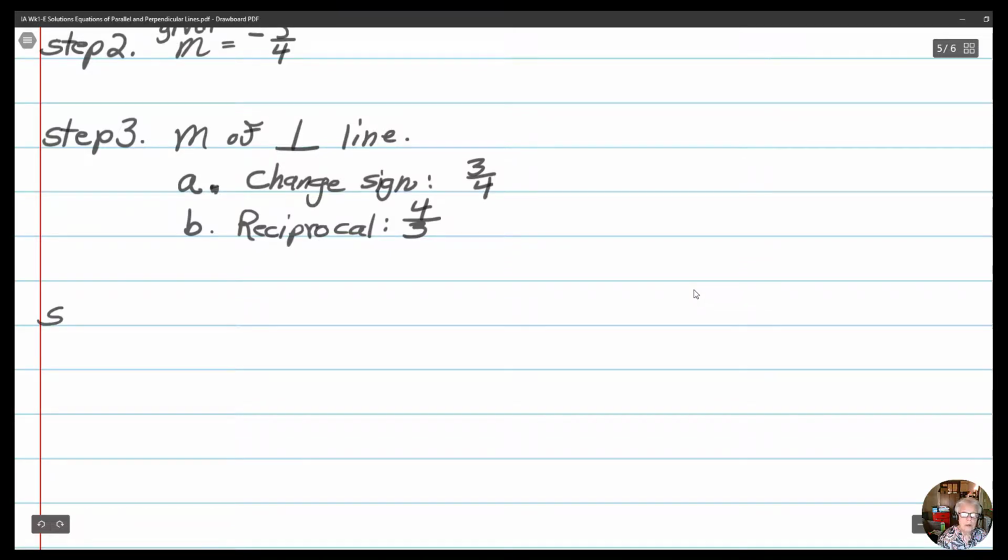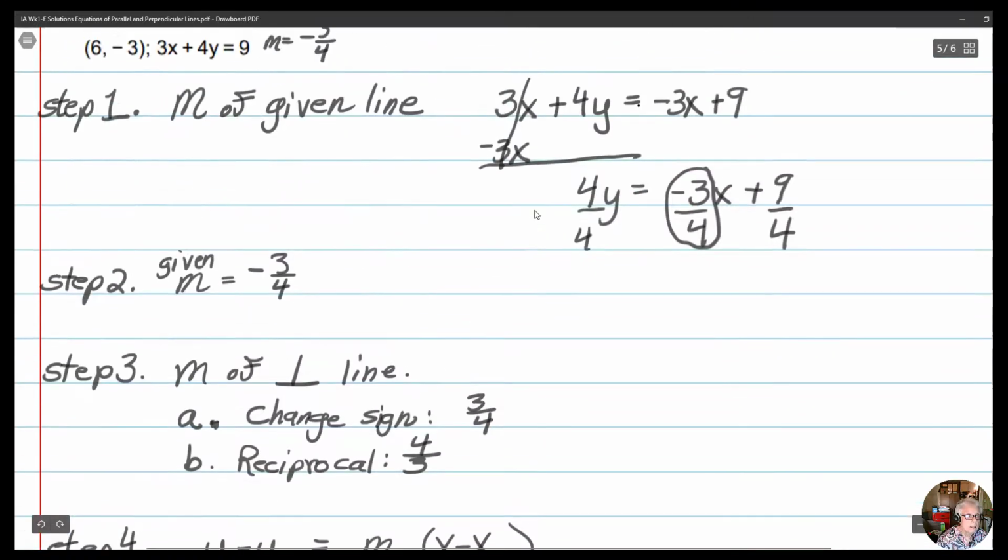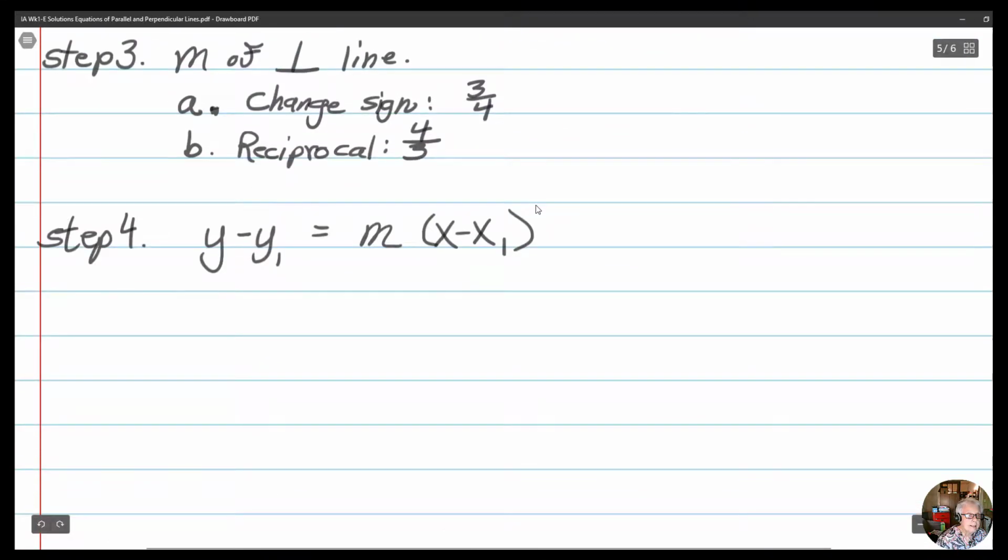Now, step 4, we're just going to find the equation of the line. y minus y1 equals m times x minus x1. Okay, now, once again, 6, negative 3. I'm writing it down right now. 6, negative 3.